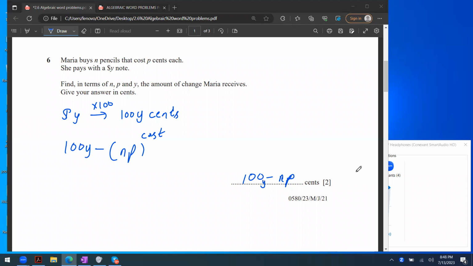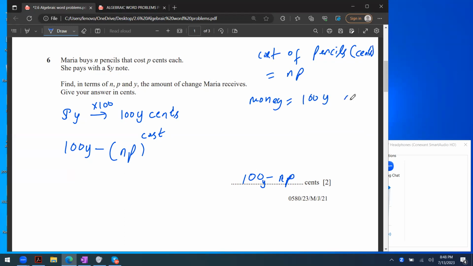Please tell me any doubt. Sir, could you explain it one more time? What's the cost of the pencils in cents? That is n pencils and each costs P cents, so NP. And how much money does she have? She has 100Y cents, because she has a $Y note and in $1 there are 100 cents.